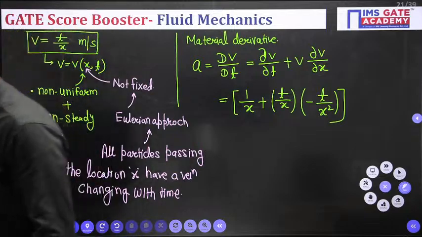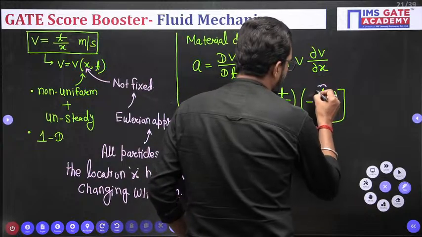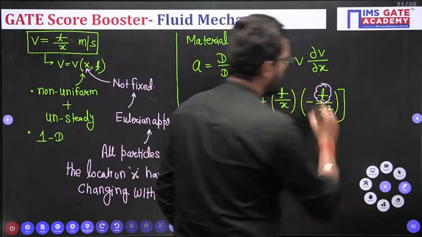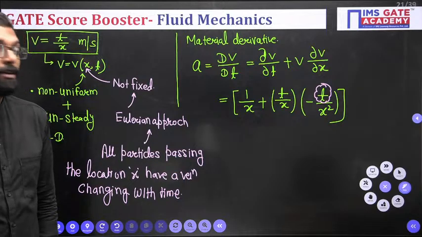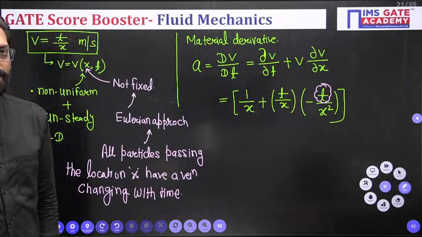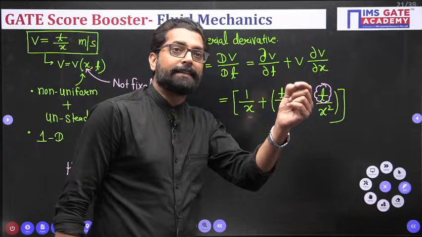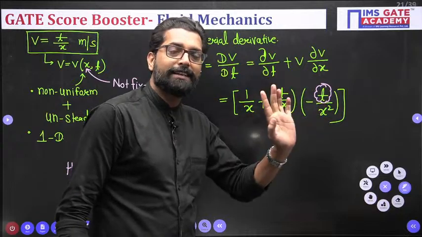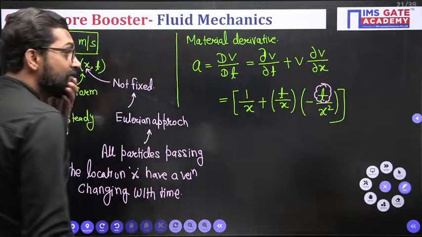But my dear, please mind it, we don't have any time value given. So first we have to find the time, at a particular location, at a fixed location. So we have to fix the location and flow the particles. And how to find this time?